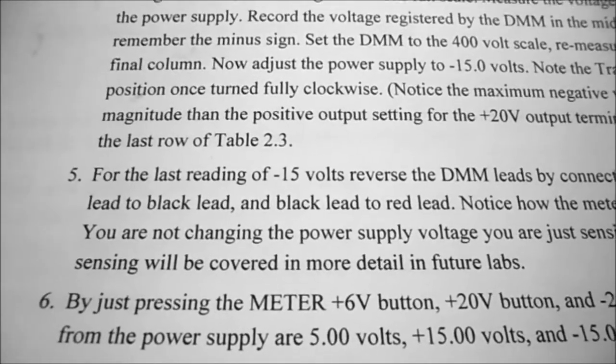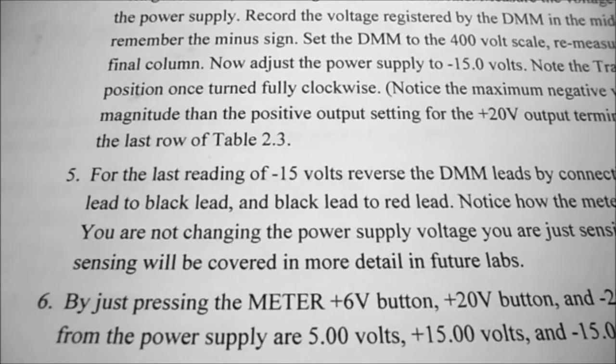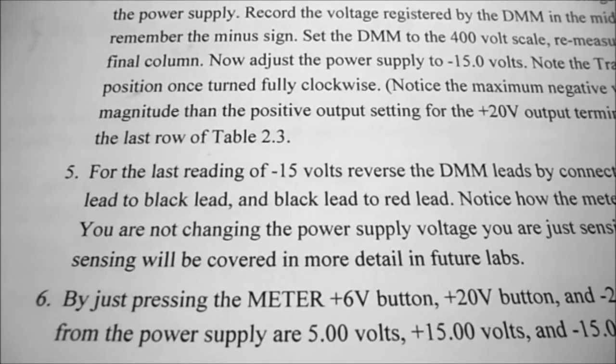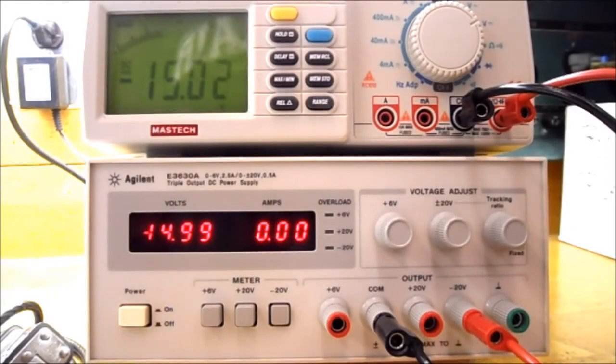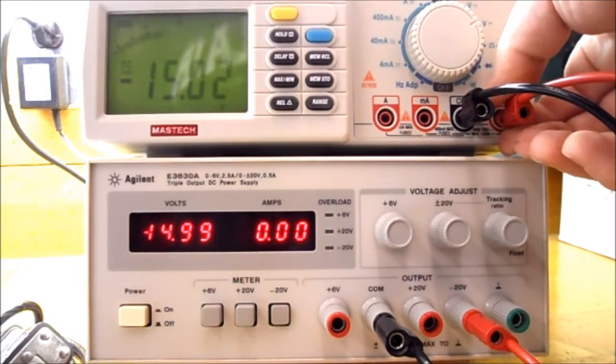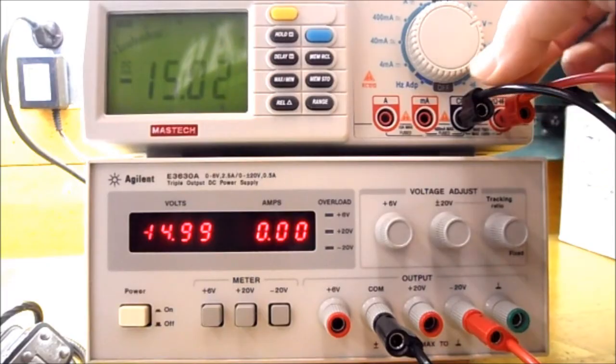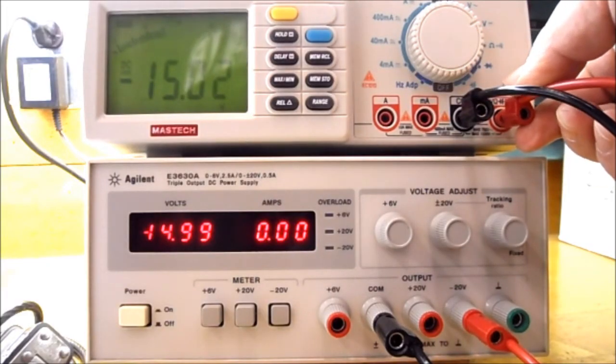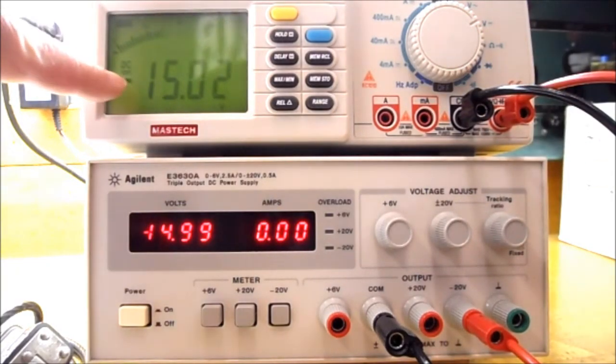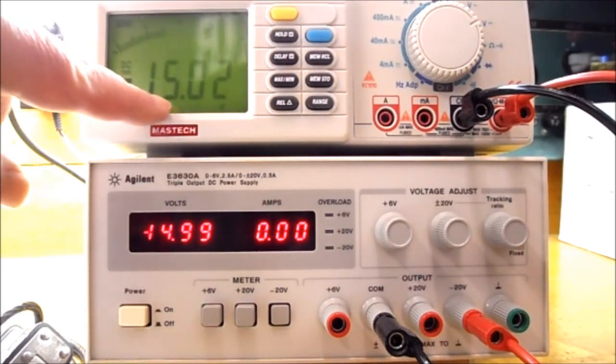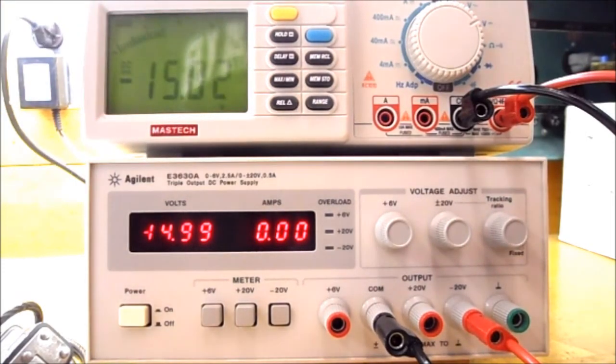So for step 5 under procedure, they want you to change the red and black leads on the digital multimeter. What they're saying is they want you to reverse the leads going to the digital multimeter. Notice the digital multimeter is reading minus 15.02 volts.